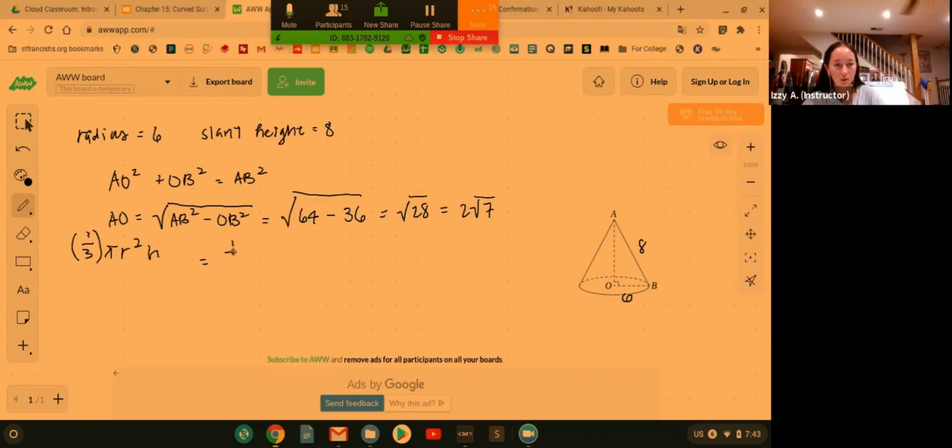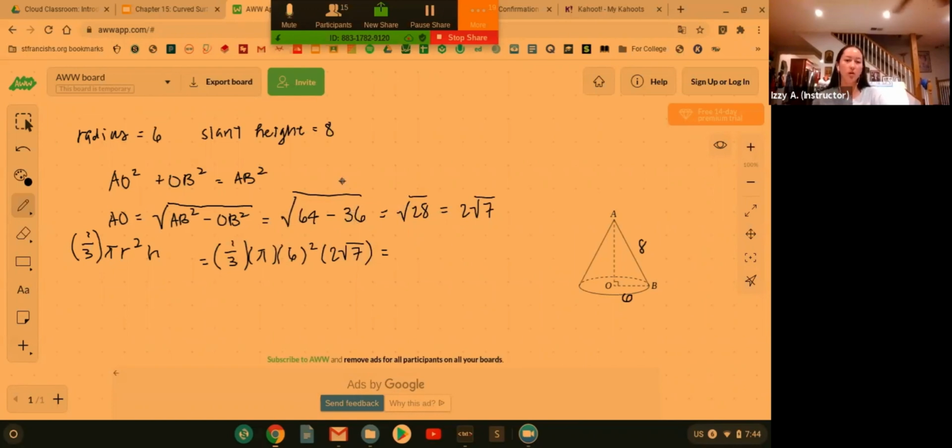So then that would be 1/3 times pi times the radius, which is 6, so 6 squared times the height, which is 2 square root 7. So that is going to be, if we were to simplify that, let's see.